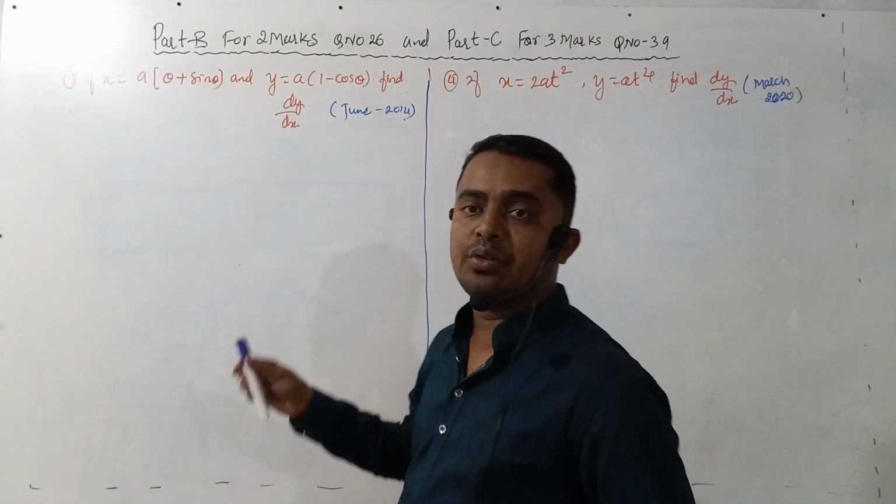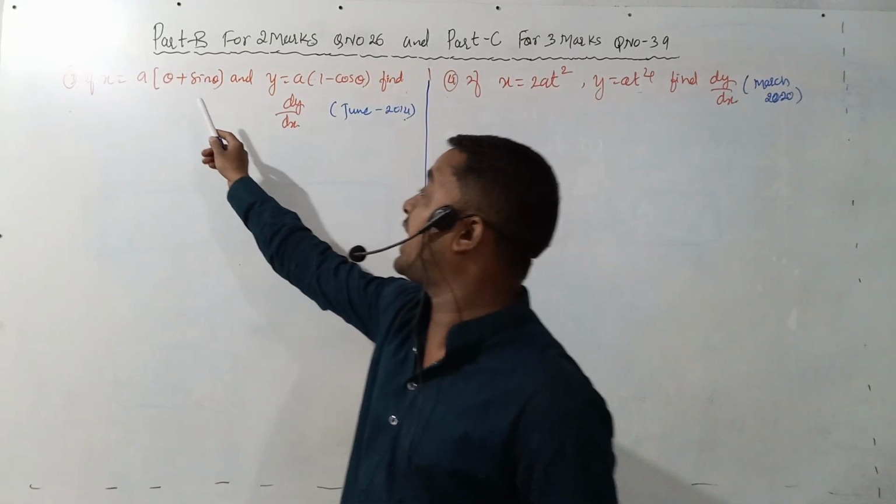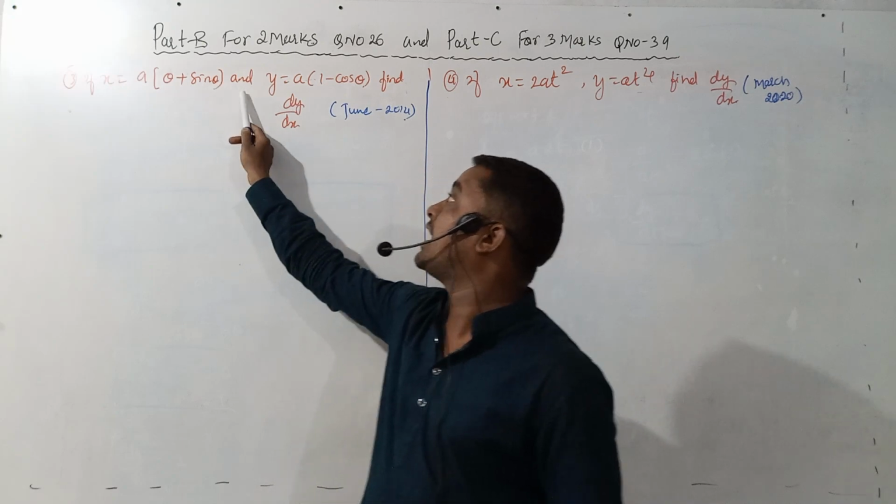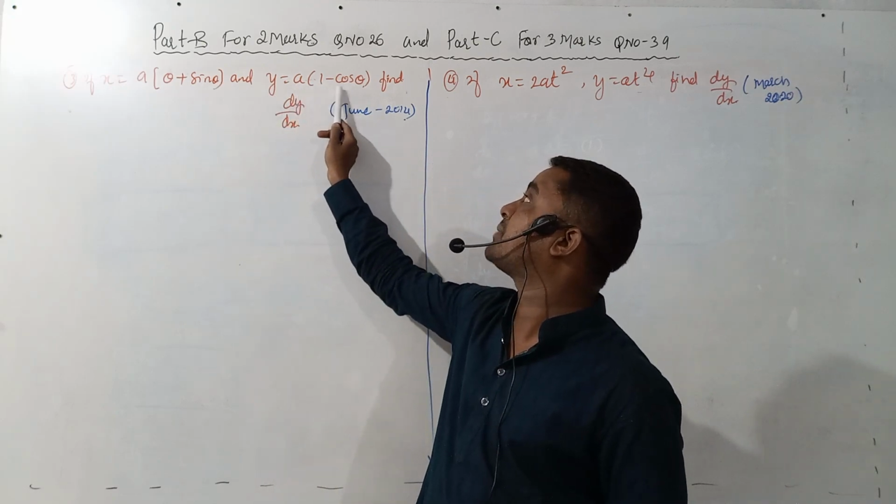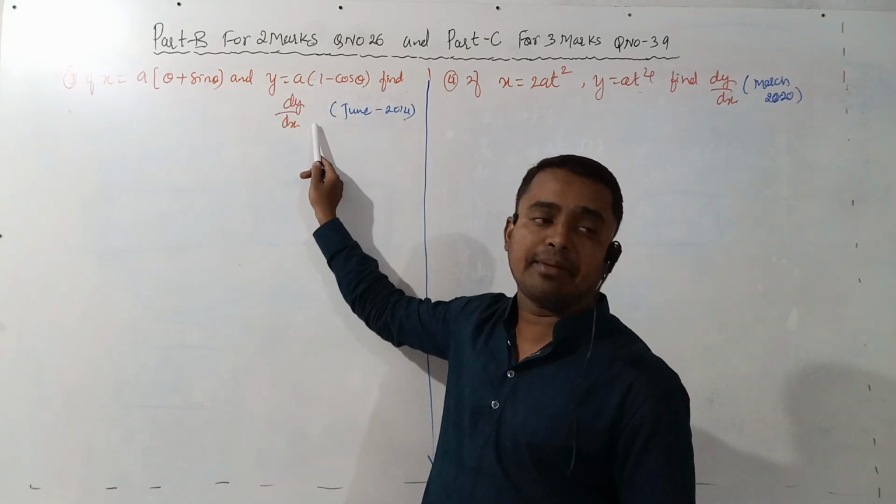Third question: if x is equal to a into the bracket theta plus sine theta and y is equal to a into the bracket 1 minus cos theta, find dy by dx.